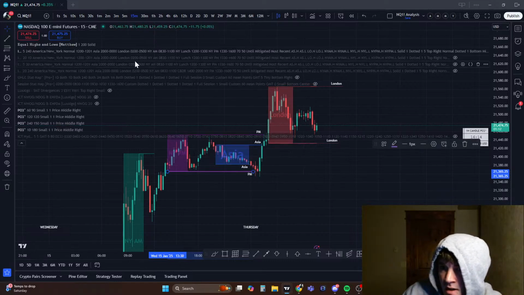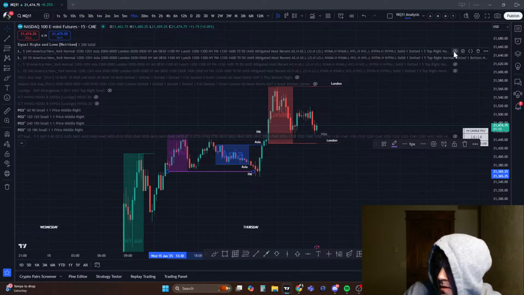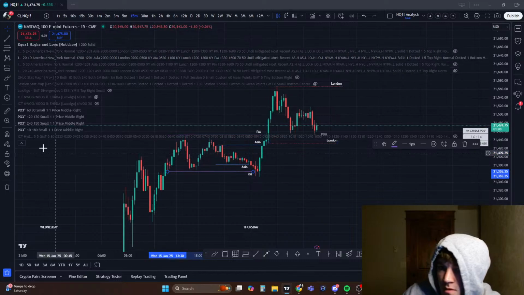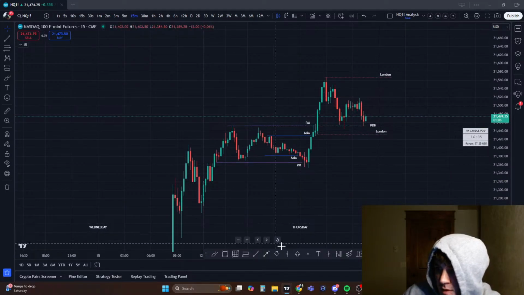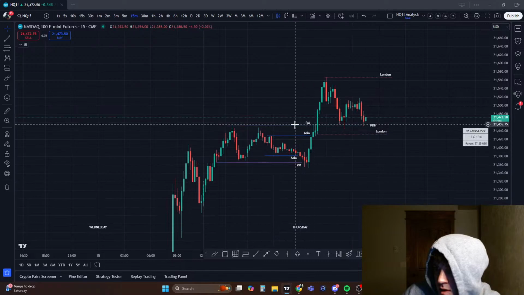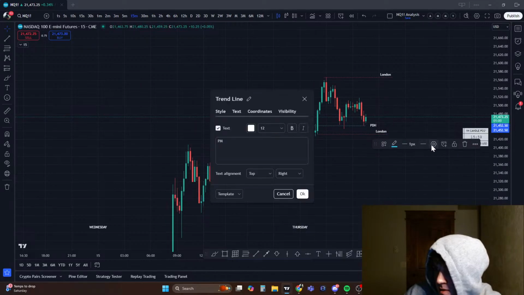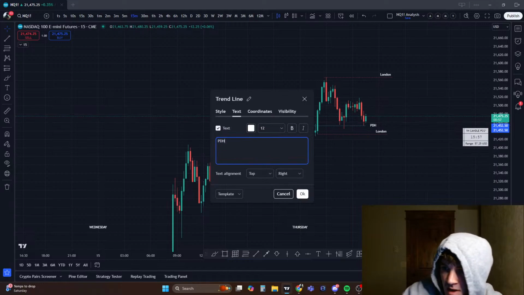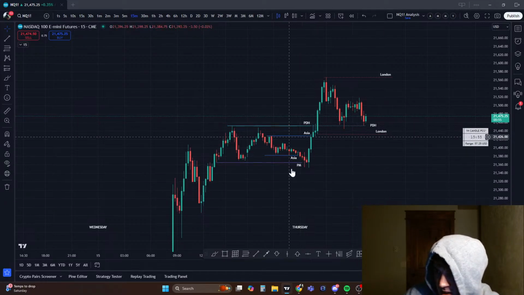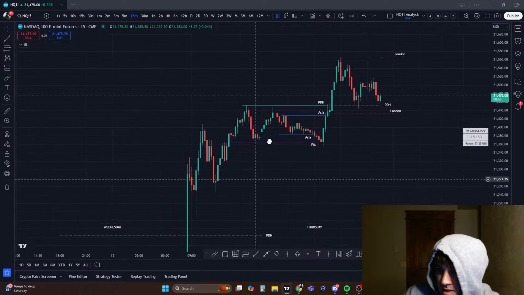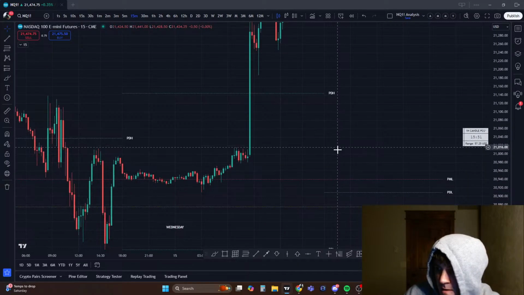Let's get rid of that. So actually, let's mark this out as previous day's high. We swept previous day's high. This wasn't just PM, this was actually previous day's high. So we've already taken out previous day's high. We got previous day's low all the way down here.